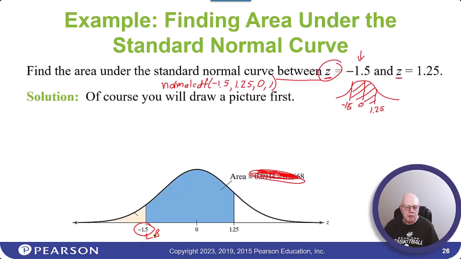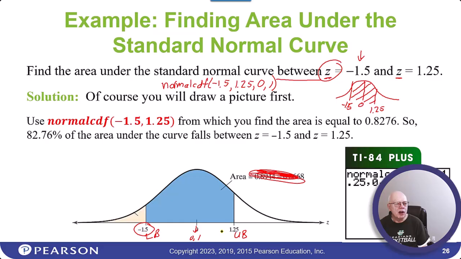Here's the upper bound. Since we're talking about z's, and we'll use the mean of 0, standard deviation of 1, and that's what your entry should look like. Hopefully, you put the 0 and the 1 there just to keep in a good habit. This is what it should look like in your calculator, and we're in good shape.